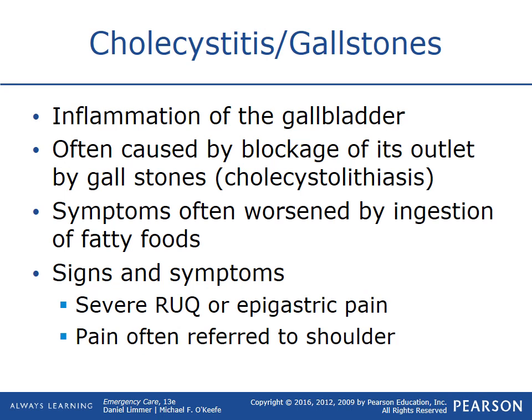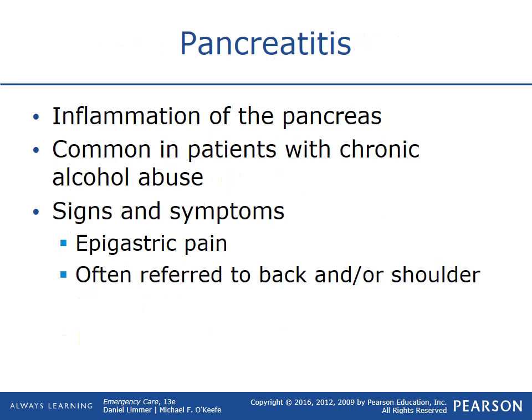So signs and symptoms are severe right upper quadrant or epigastric pain, and sometimes that pain will be referred to the shoulder. There's pancreatitis, an infection of the pancreas or inflammation of the pancreas. It's common in patients with chronic alcohol abuse. Signs and symptoms, that's an epigastric pain, often referred to the back and or to the shoulder.